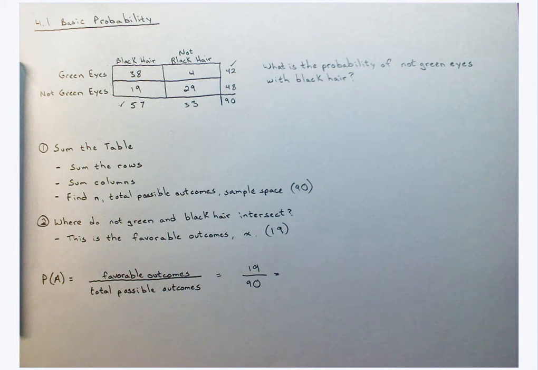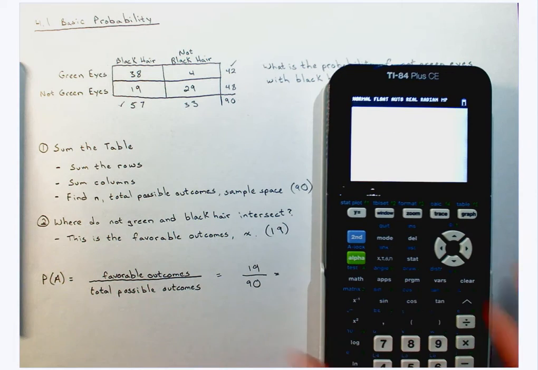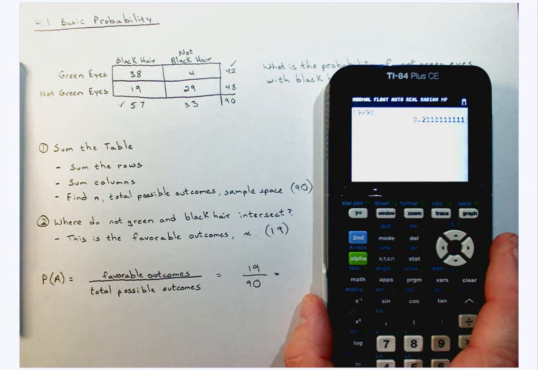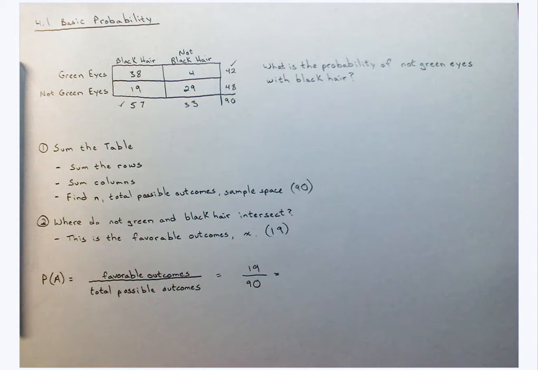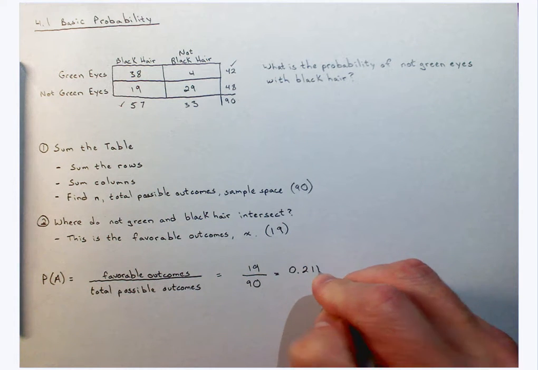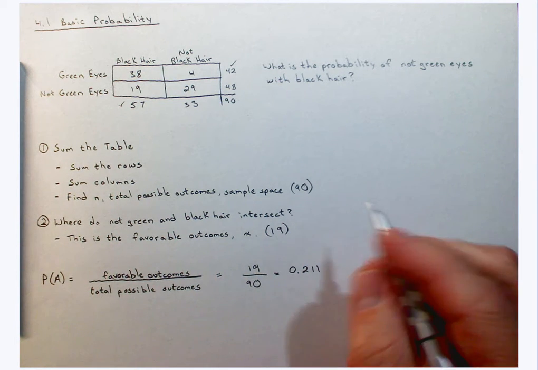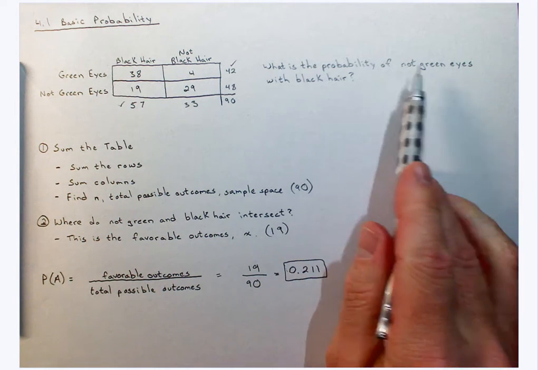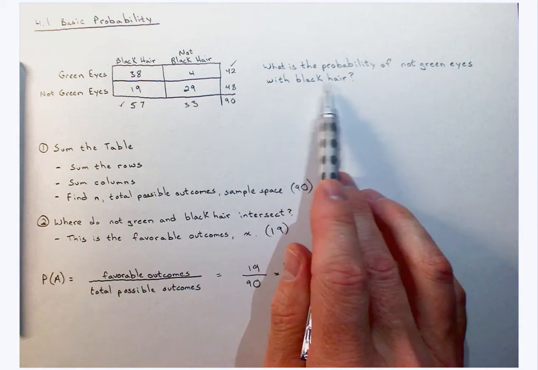And now I'm left with just doing the math. 19 divided by 90, and we'll take it out 3 decimal places. So 0.211. And this is my probability of not green eyes with black hair.